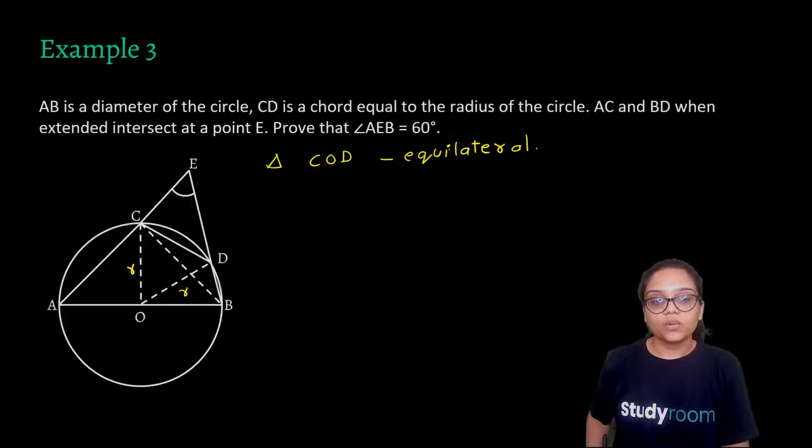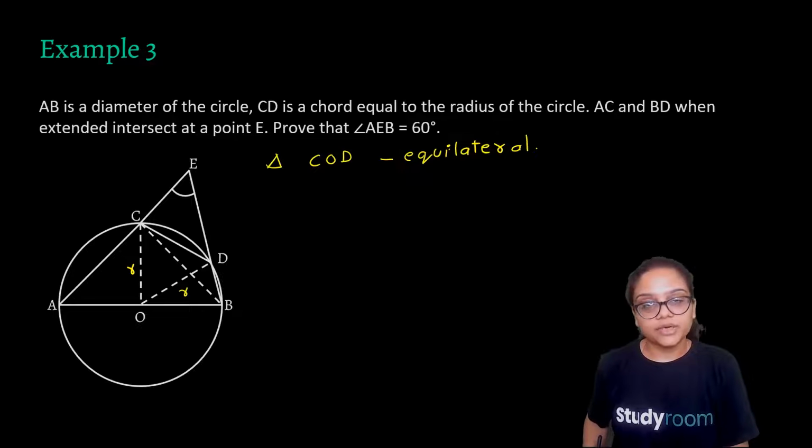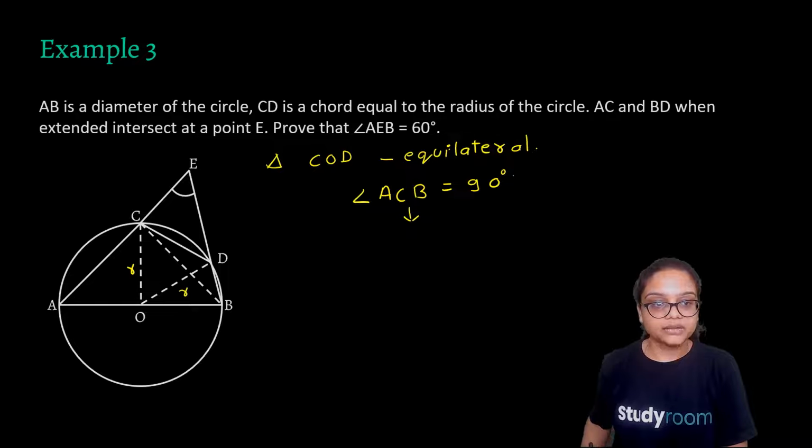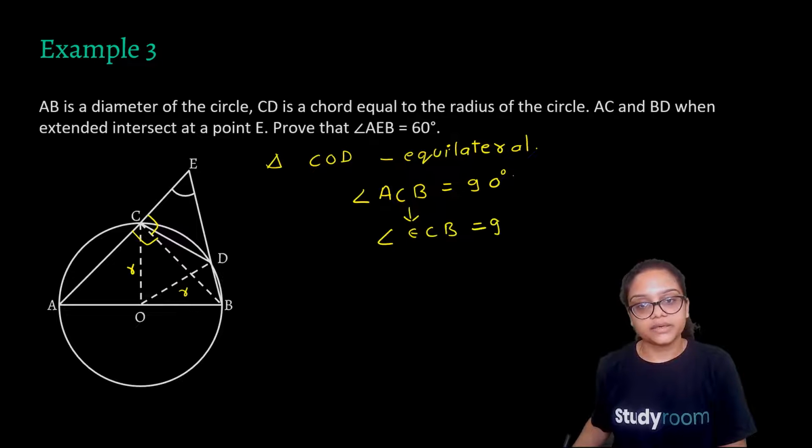Okay. Now, AB is the diameter of the circle and hence the semicircle subtends an angle of 90 degrees. So a right angle. We have already learned this property. So this would be equal to 90. And this concludes that this angle would also be 90 degrees. So angle ECB would also be equal to 90.